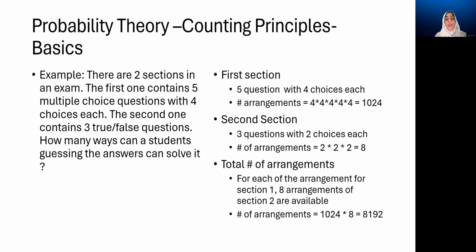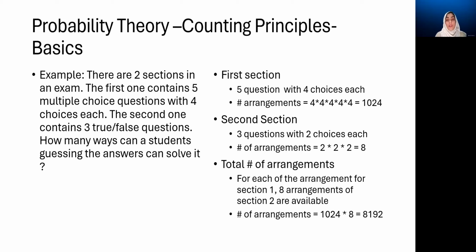So we need to multiply these together to find the total number of arrangements, including both sections, which is 1024 for the first section, multiplied by 8 for the second section, which gives us 8,192.